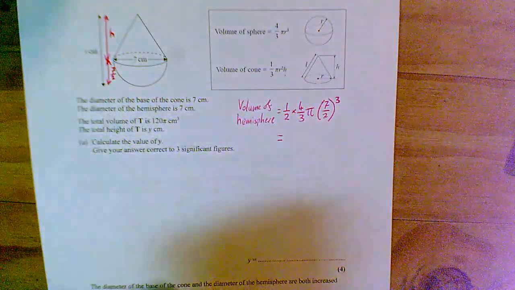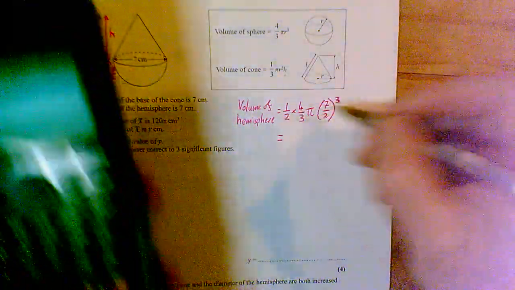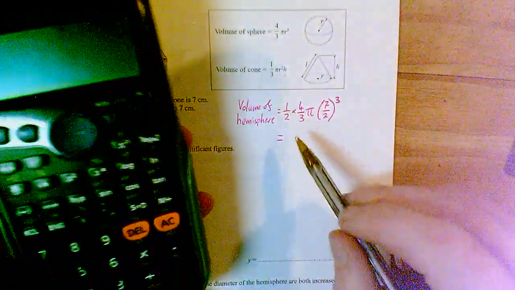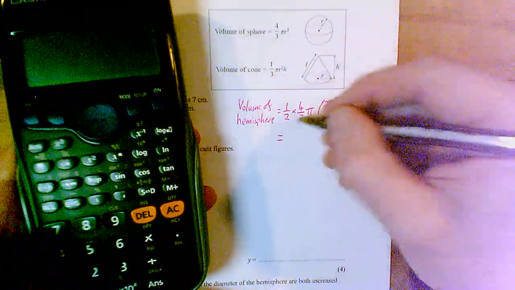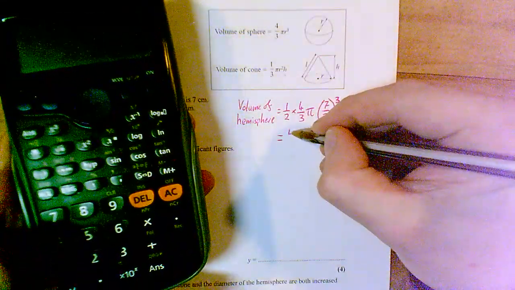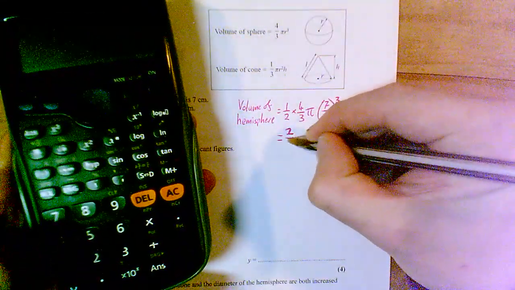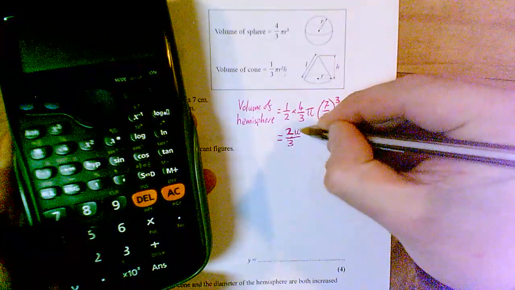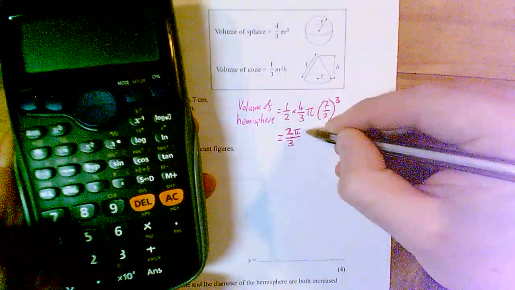Right, oops, gave me the wrong answer. I'm going to try and keep things as exact as I can. Right, start that again. So a half times 4/3. That's 4/6 or 2/3 to make things simpler, or 2 pi over 3. So all that simplifies to 2 pi over 3.